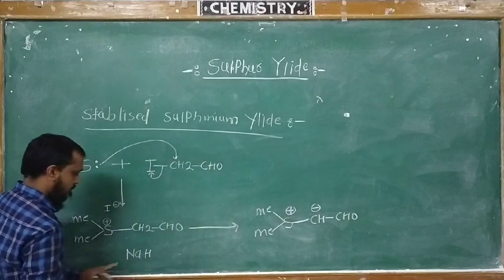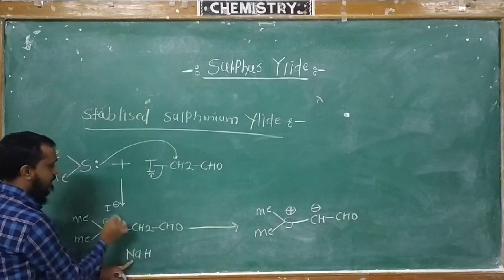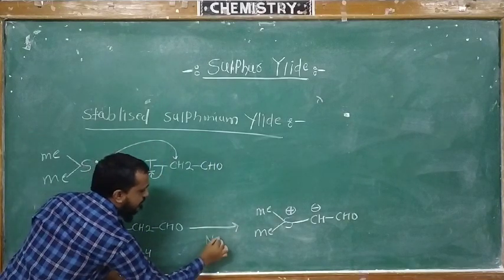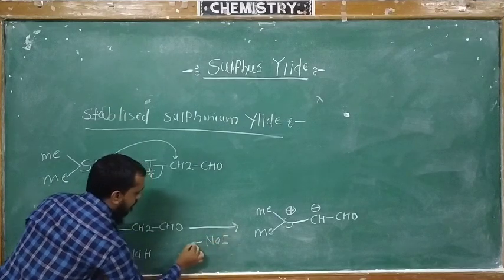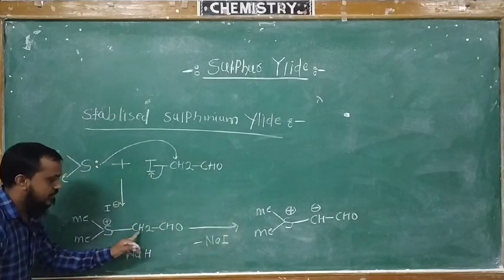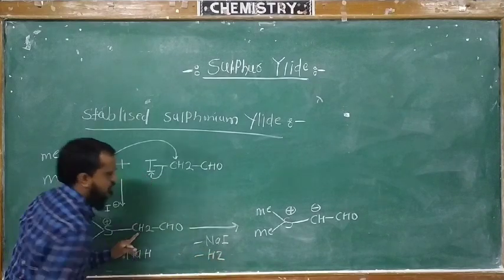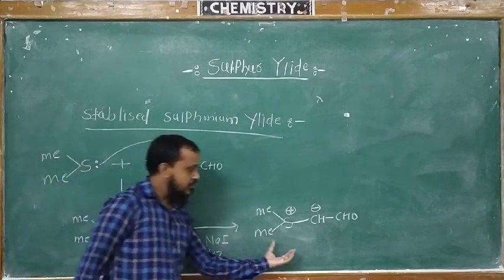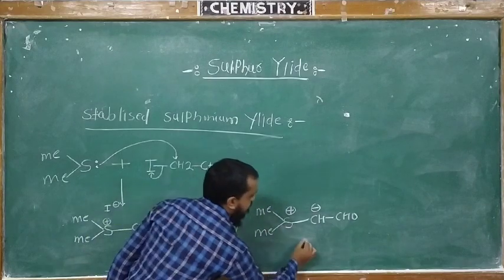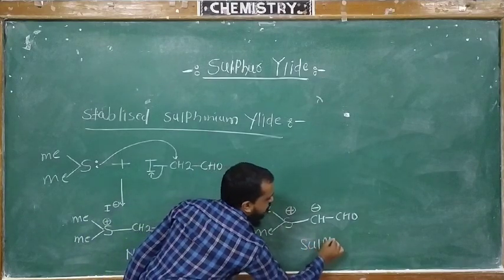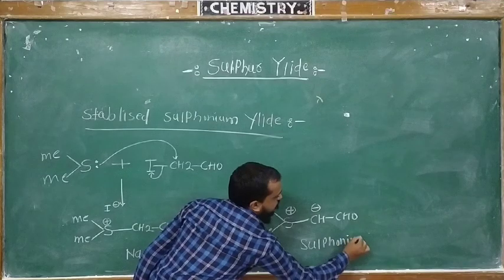Also here we form NaI, sodium iodide, and this hydrogen and here one hydrogen will be removed, H2, and this is our final product, sulfonium ylide.